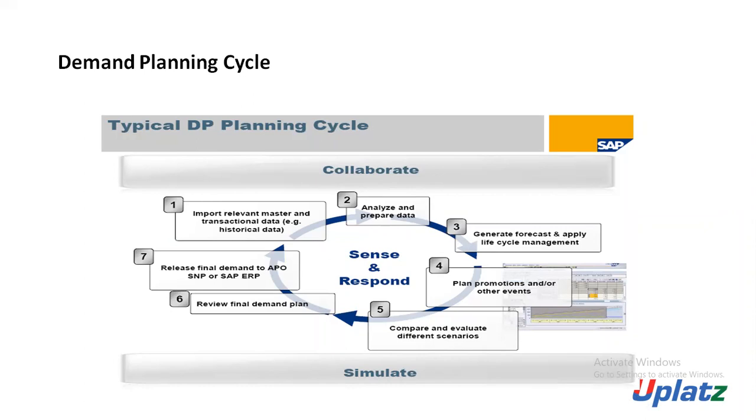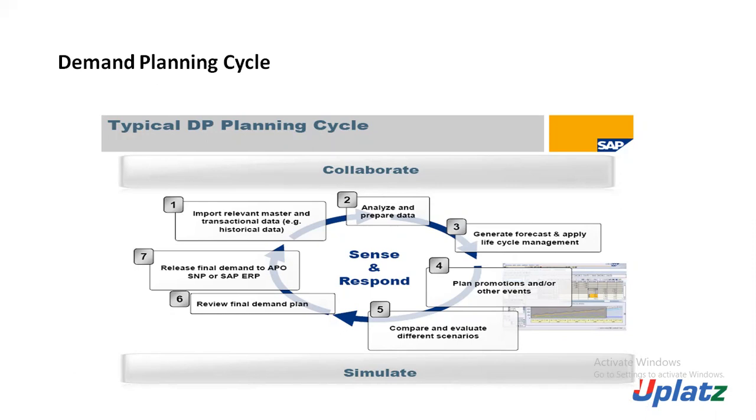To generate the statistical forecast in APO DP, we have different methods like univariate method, MLR method, and composite method. But 99% of players are going to use the univariate method only, and I covered univariate only.